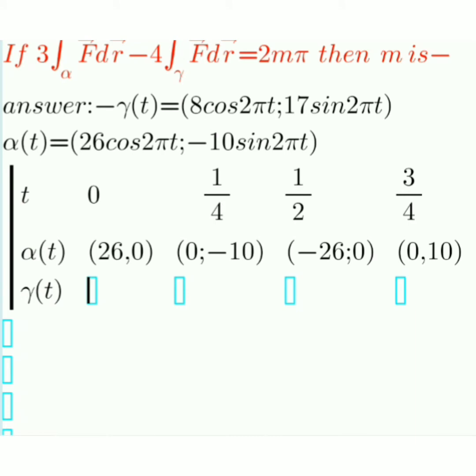Next I want to get the values when gamma(t) is computed. At t equal to 0, the value should be (8, 0), because cos 0 is equal to 1.